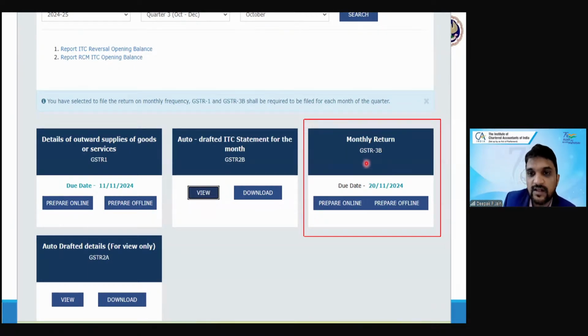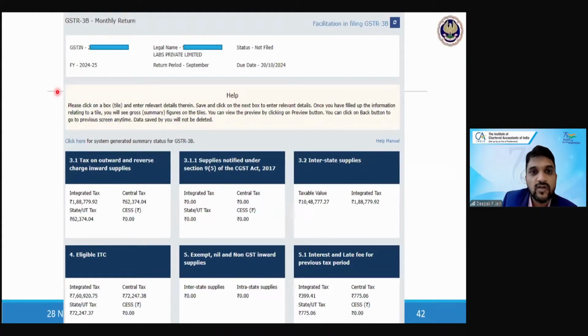So you will go to your GSTR 3B. From there, you will specify these details. What is the tax on your outward supplies and reverse charge inward supply?